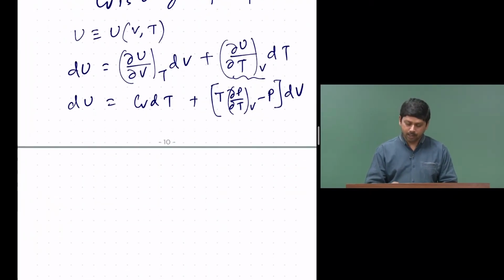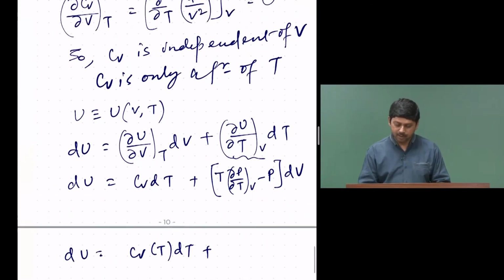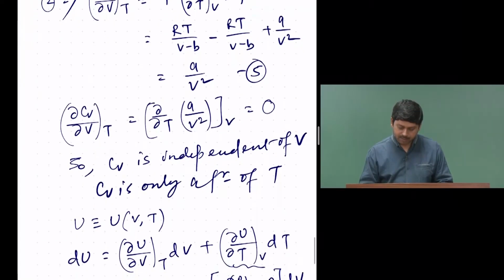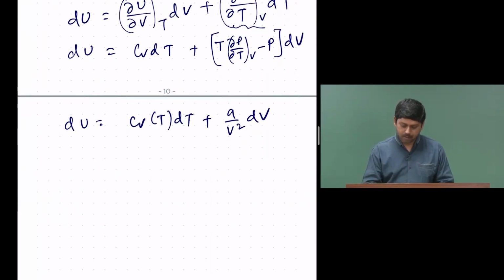Now dU: C V depends on temperature, so we write C V dT plus this quantity, T del P del T V minus P, which is nothing but A by V square, dV. Now integrate on both sides.